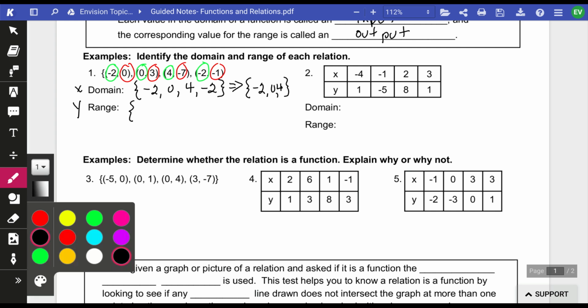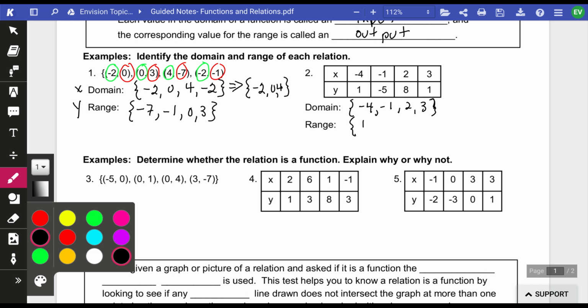Let's look at our y values, our range. Our smallest y value is -7. Then we have -1, 0, and 3. That time I just ordered them and checked for duplicates as I was doing it. Number 2, same thing. Domain, x values, so that's easy: -4, -1, 2, and 3.